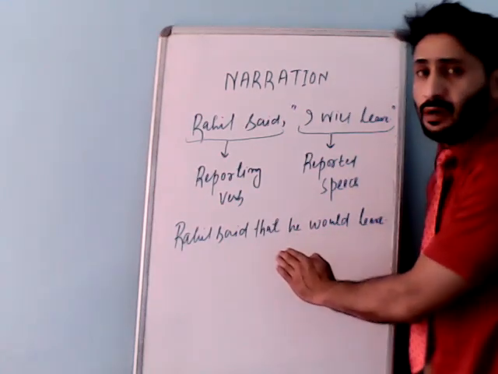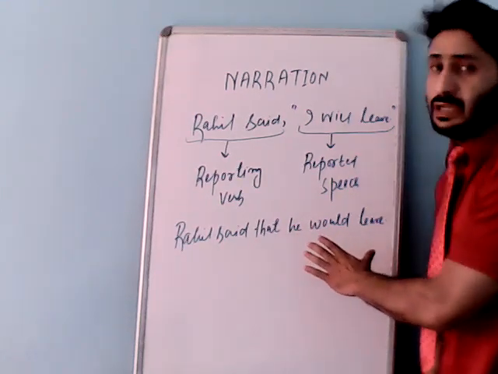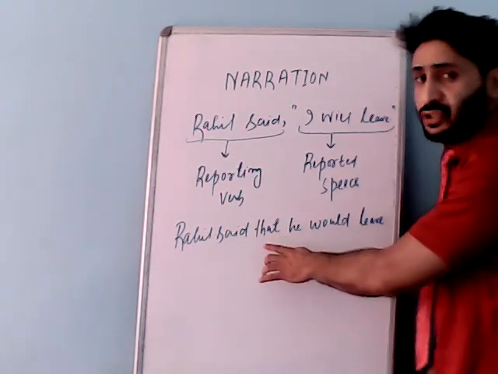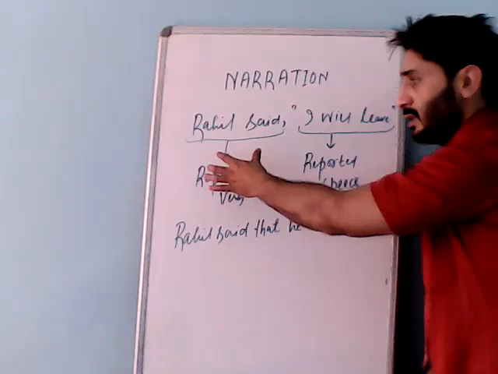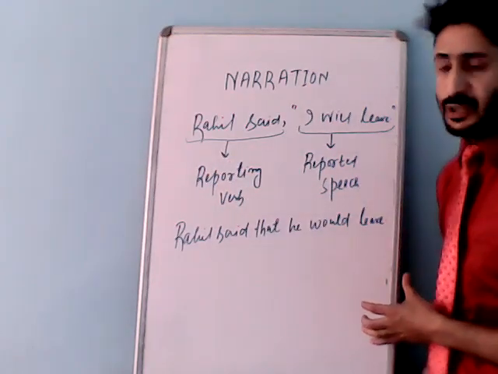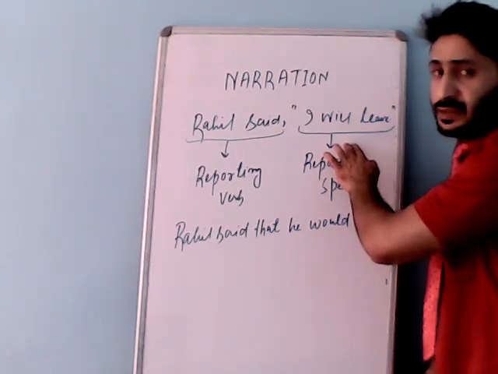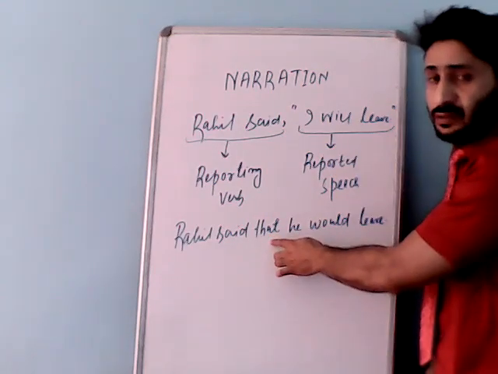There is no comma or inverted commas. We use a conjunction "that" to join the reporting verb part and the reported speech part in case the reported speech is an assertive sentence.